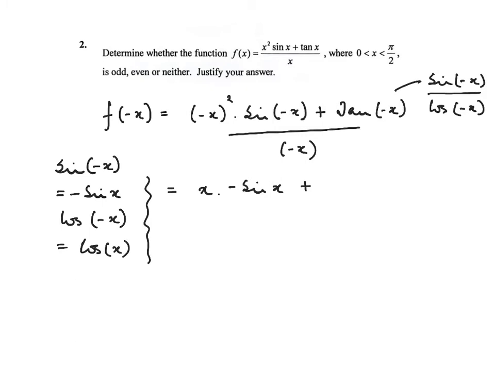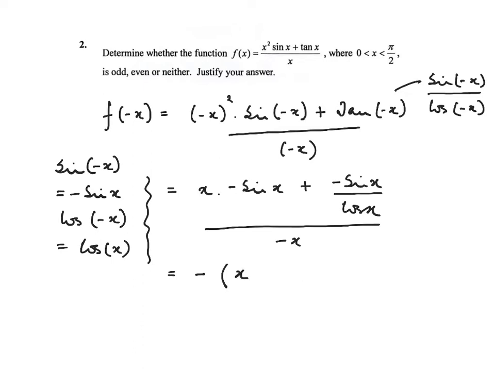So what do we have then? We've got sine of minus x is minus sine of x over the cos of x all over minus x. Now if I go to the top line and simplify, what I'm going to do is to take out minus 1.